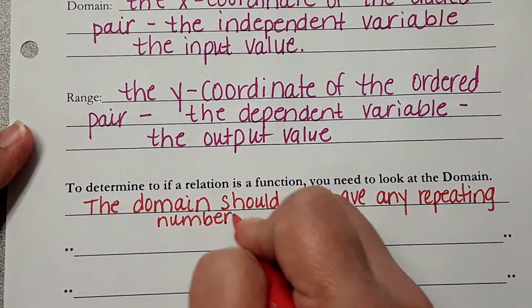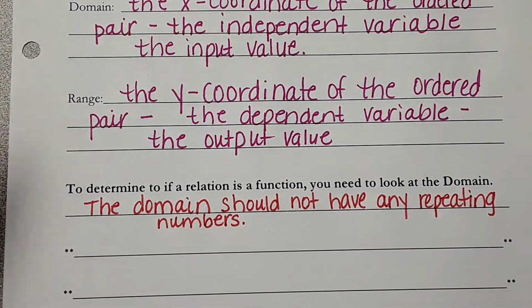What that means is, if you have -1 twice, it's no longer a function. So the domain should all be different. If you look at example 1, every number in the domain, every x-coordinate, is different. If you have one number that repeats in the domain, remember this is only the domain, then it's no longer a function.